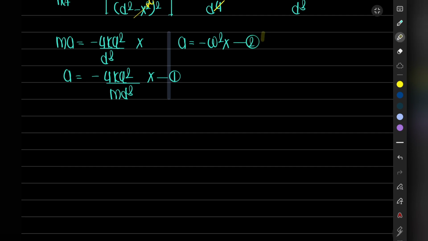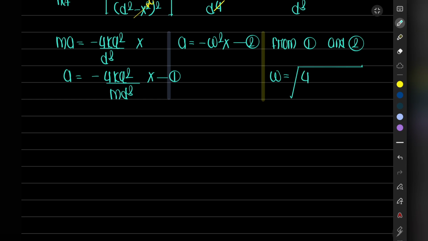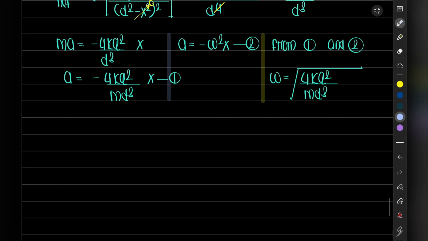So from 1 and 2, our value of omega will be equal to under root of 4 K q square upon m d cube. Now let's put the values here.